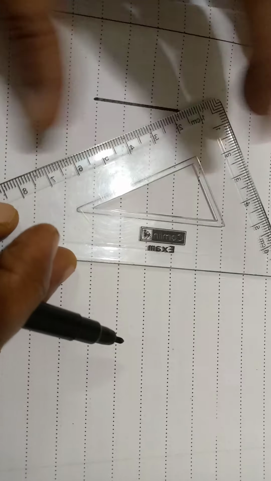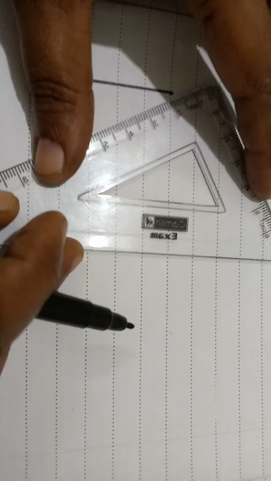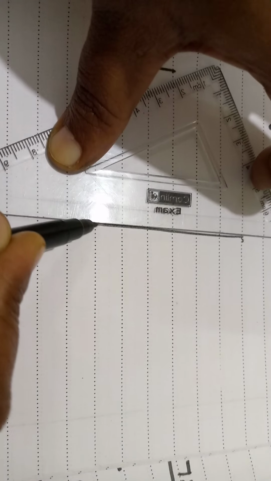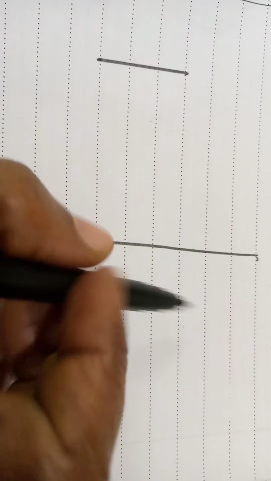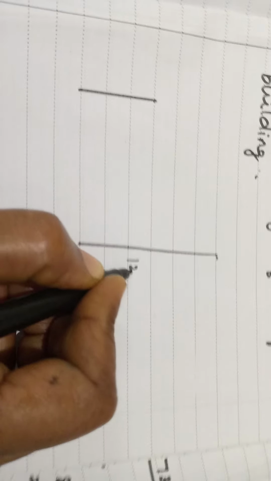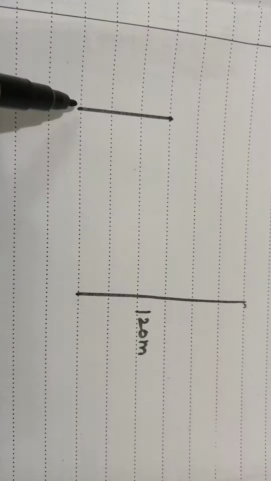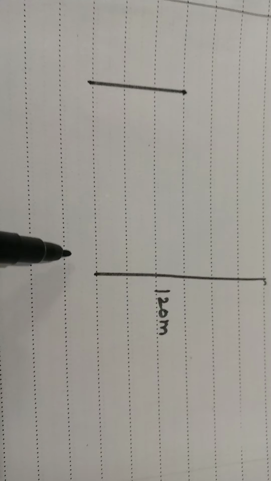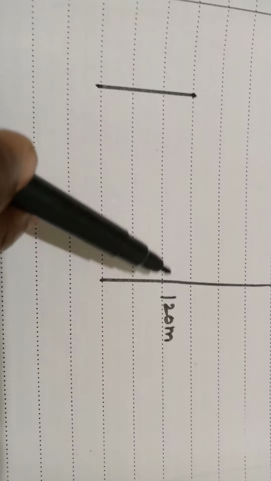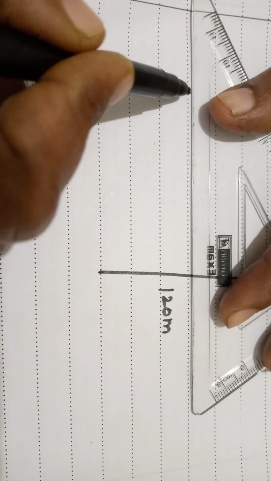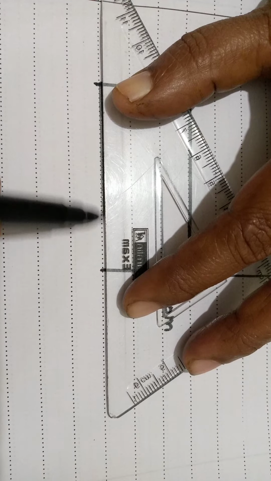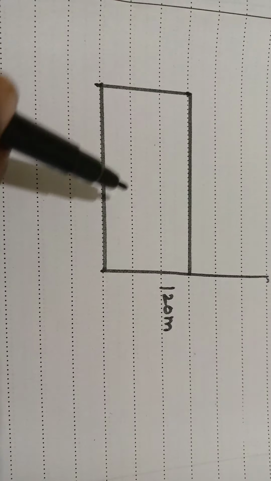The height of the second building is given as 120 meters. So this is the first building, this is the second building. Let us join this horizontal ground level.